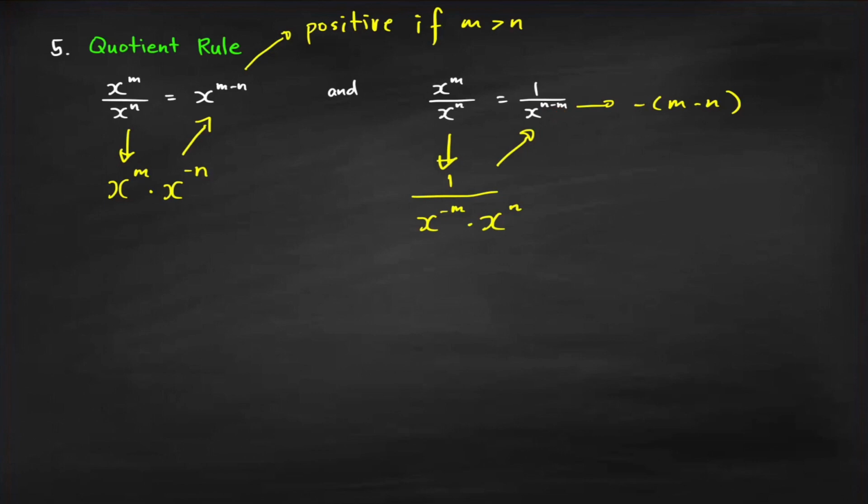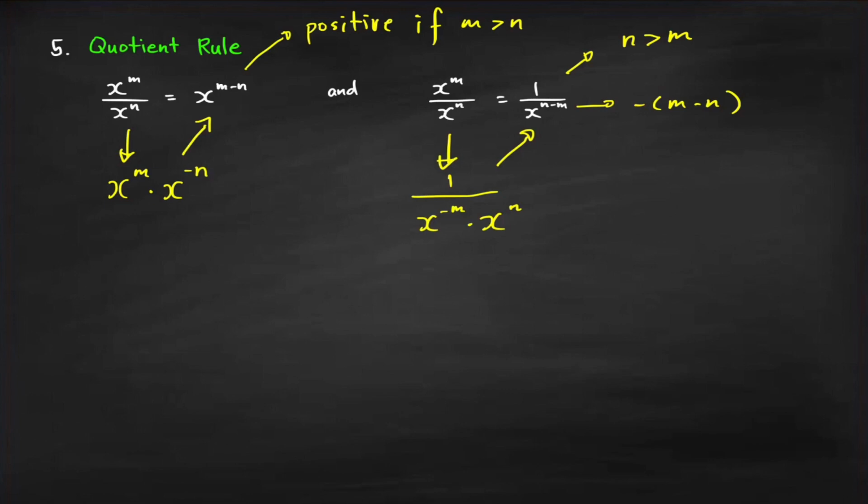I suggest that you use this first equality when the power of the numerator m is larger than the power of the denominator n, because this will give you a result which has a positive power. Okay, so m minus n will be positive. Now you use this second equality if n is larger than m. So the power of the denominator is greater than the power of the numerator.